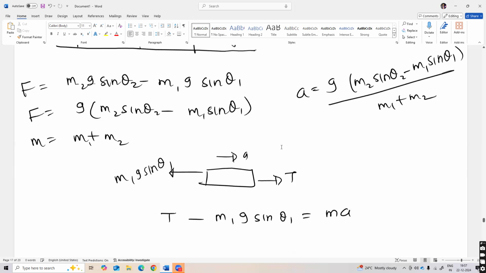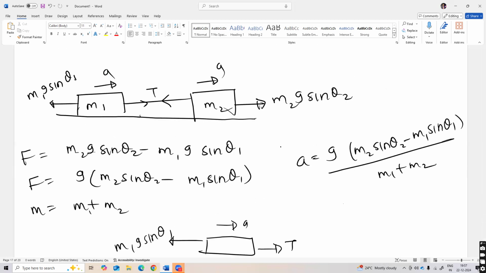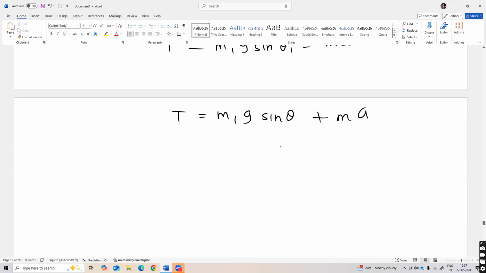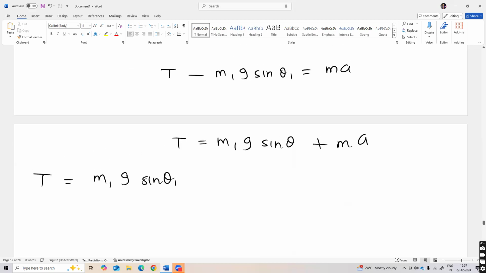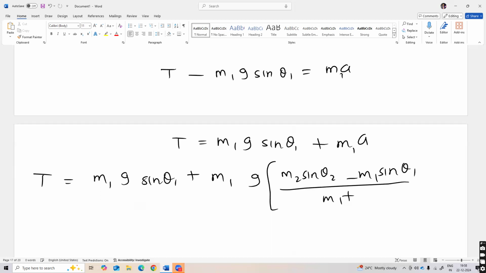Now if we put, instead of acceleration, this term g(m2 sin theta 2 minus m1 sin theta 1) upon m1 plus m2, then we get T is equal to m1 g sin theta 1 plus m1 into g(m2 sin theta 2 minus m1 sin theta 1) divided by m1 plus m2.